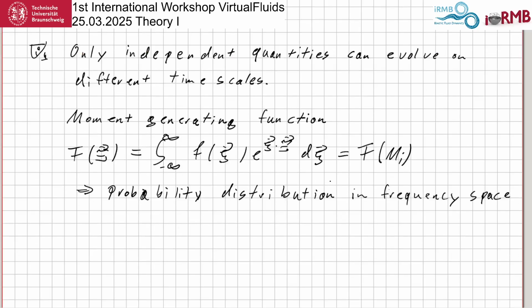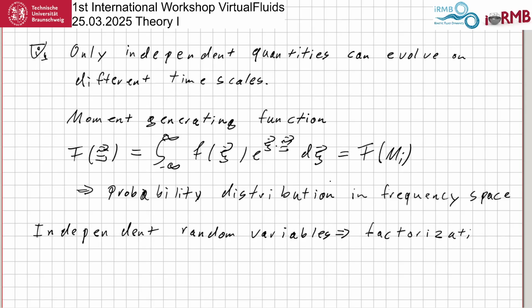So what do we know from statistics about independent random variables? We know that this leads to a factorization of the joint probability.